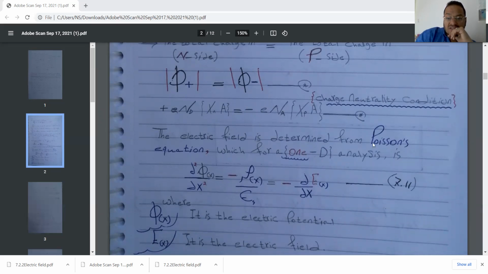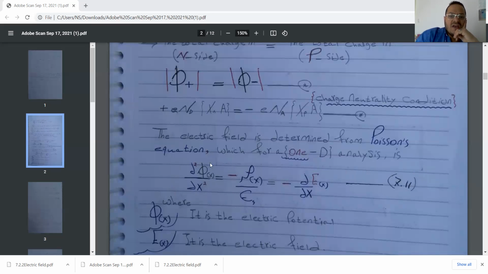Now the electric field is determined from Poisson's equation. Here we will totally depend on Poisson's equation to calculate the electric field inside the depletion region of the p-n junction. This will be the most important equation for us, as its number is 7.11.